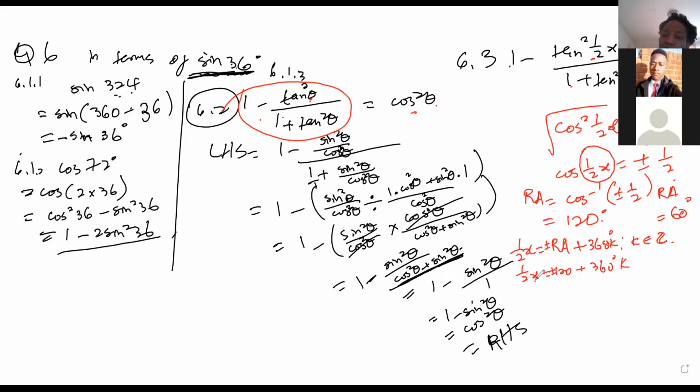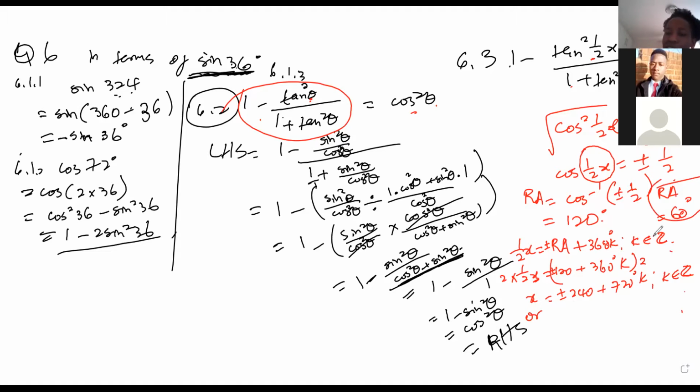Then that is half x, but we want x at the end of the day. So we're going to multiply everything by 2. That means x is plus or minus 240 plus 720 degrees k. Don't forget to write k is an element of integers.